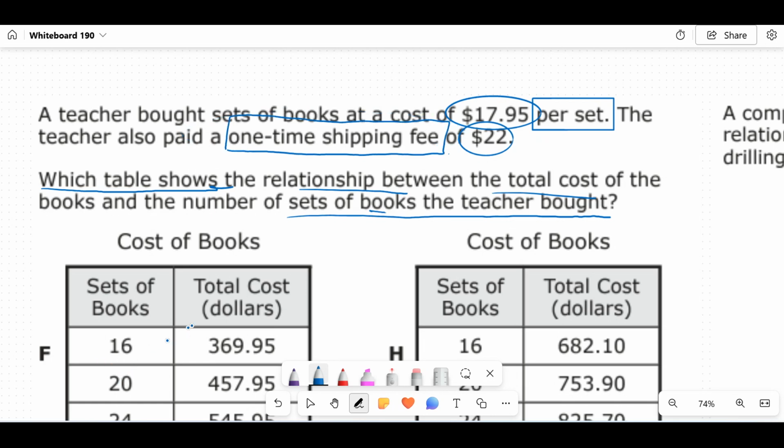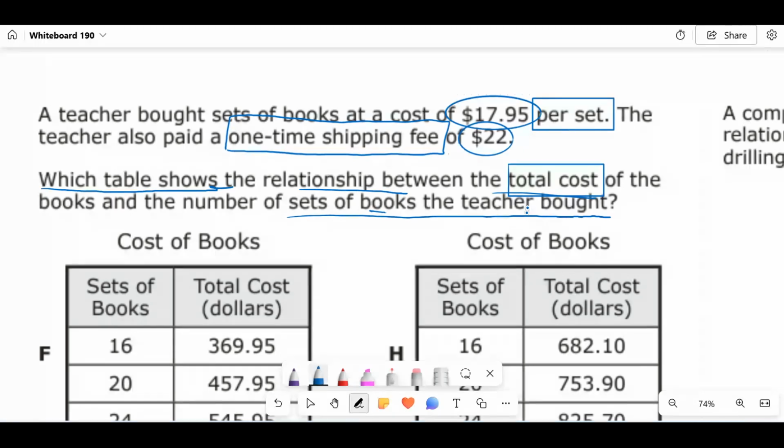There we go. And then we're looking for the total cost. So when working through this problem, things that we should understand is that every single book costs $17.95. And I pay one time $22 extra.